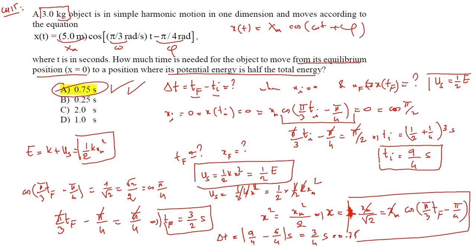And if potential energy is half of the total energy, then kinetic energy is the other half, by the way, because the sum of them should give me everything. So the position x is just equal to x m divided by square root of 2. This is the position at which potential energy is half of the total energy. And then I use my formula and I solve the trigonometric equation.